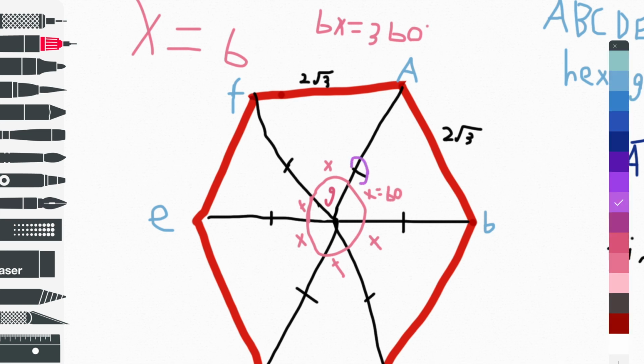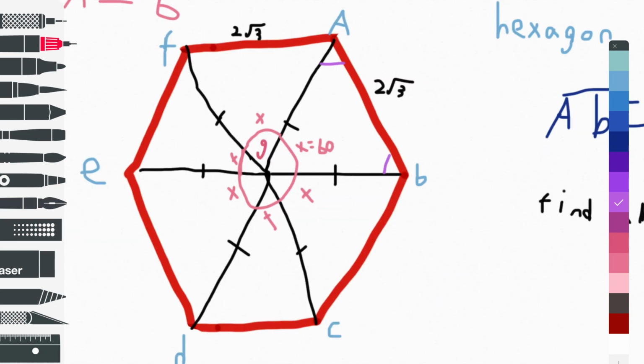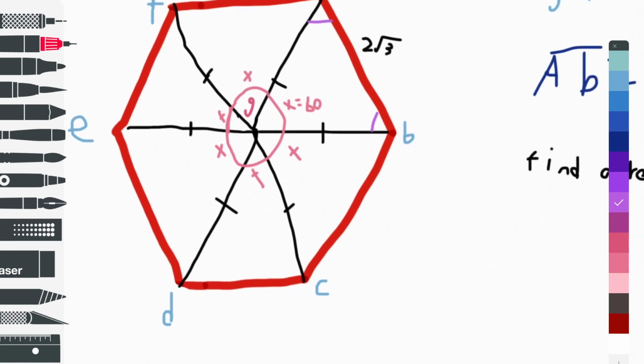Since these two sides are the same, this side and this side, you know that these angles are also the same. And you also know that the interior angles of a triangle always add up to 180 degrees. So let's call this purple angle y.